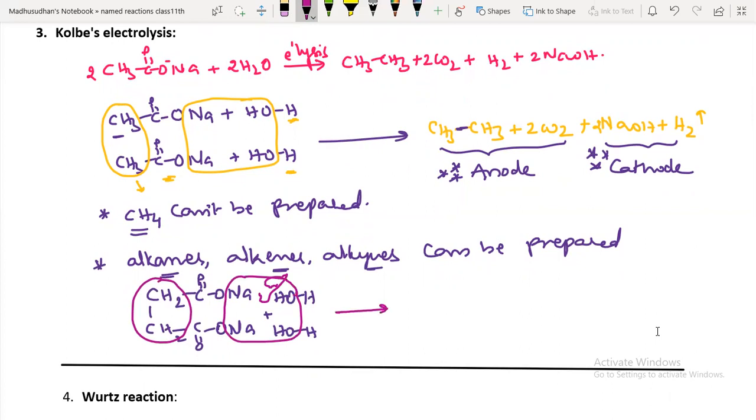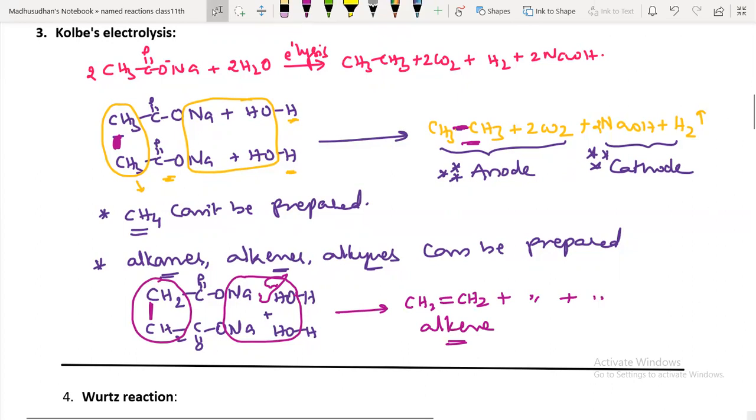Okay, so what happens now? CH2. Earlier, there was no bond between these two and one C-C bond was formed. Here now, one bond is already there, so the other bond is forming. Ethylene, you are getting ethylene. So an alkene is created or not? Earlier it is an alkane. Now it is an alkene. And byproducts are common here. Okay. Next, we'll move to Wurtz reaction.